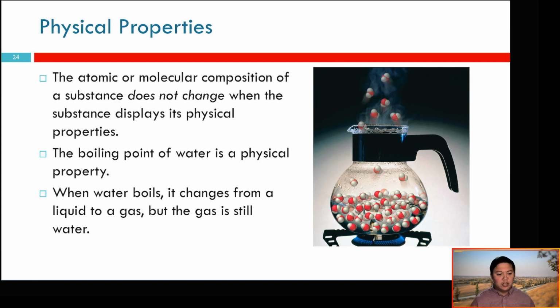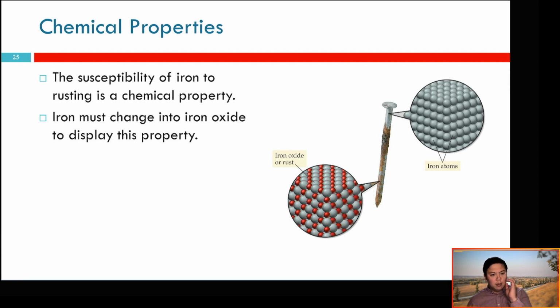So when water boils, it changes from a liquid to a gas, but it's still water. When you leave that plastic out in the sun, you're breaking chemical bonds with UV radiation, and it's not the same plastic anymore. Iron rusting is another good example of a chemical property, right? When things rust, they get weaker, and you can see that rust on them.